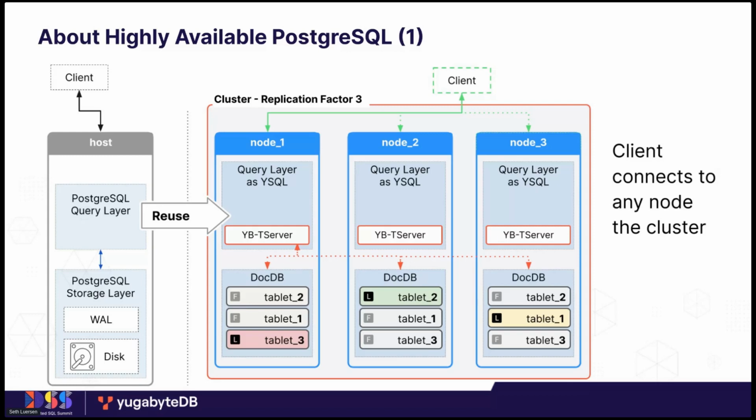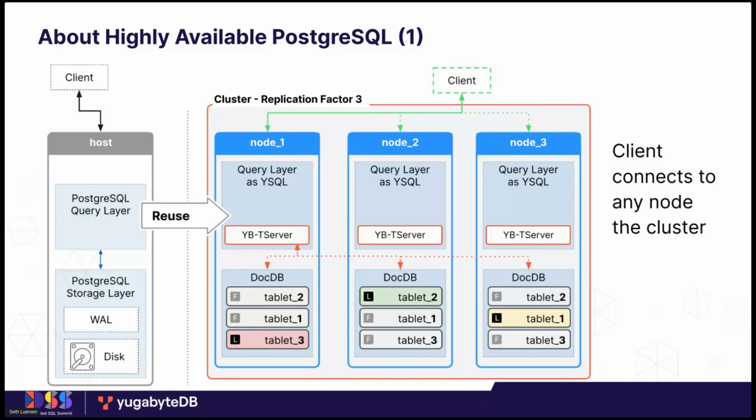So what we see in this diagram, the standalone instance of Postgres on the left-hand side. PostgreSQL essentially has its own query layer, and it has its own storage layer that consists of a write-ahead log and a disk. But in YugabyteDB, we can have a cluster of nodes that represent compute, memory, disk, network, right? That can be on bare metal, it can be on virtual machines, it can be in Kubernetes. So it doesn't really matter what the deployment environment is, other than that we have these nodes.